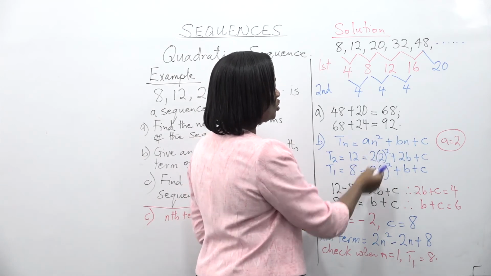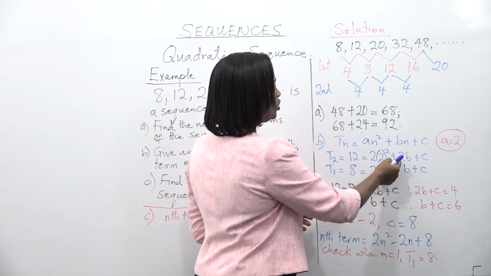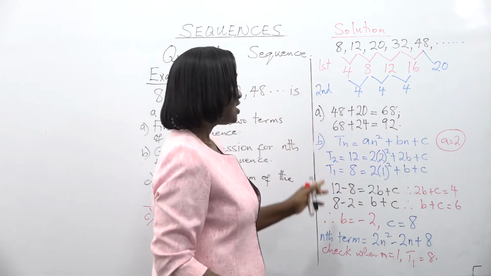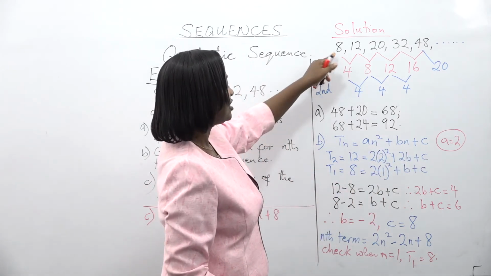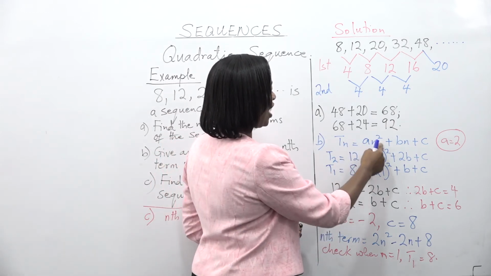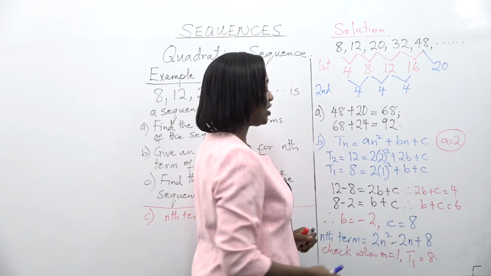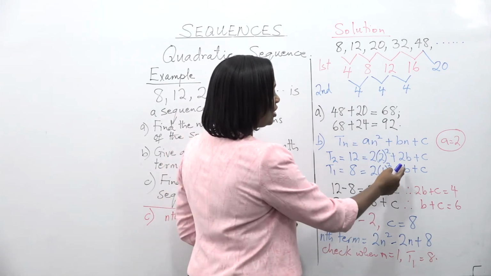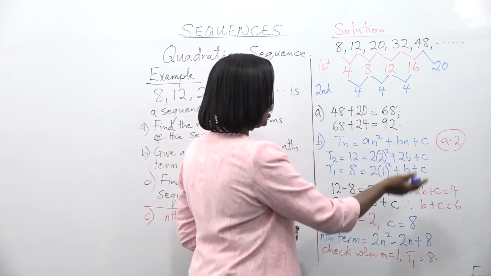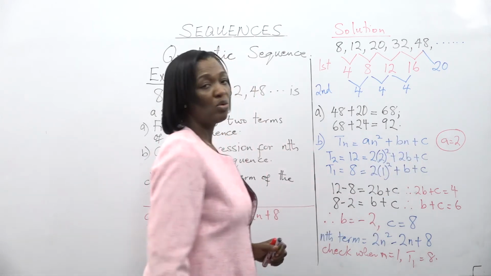So 2 into 2 squared plus 2b, because n is 2, plus c. Then in the first term, which is 8, 8 is equal to a, which is 2, n is 1, 2 times 1 squared is 2, plus bn, n is 1, so that's the same as plus b plus c. So we have these two equations.